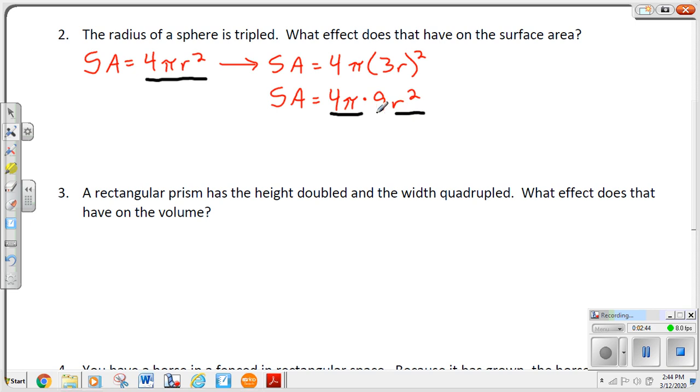The extra piece needs to move. Since it's all multiplication now, we can multiply in any order. Put the 9 in front, and it becomes 9 times 4 pi r squared. Since 4 pi r squared became 9 times 4 pi r squared, then the surface area is 9 times bigger.